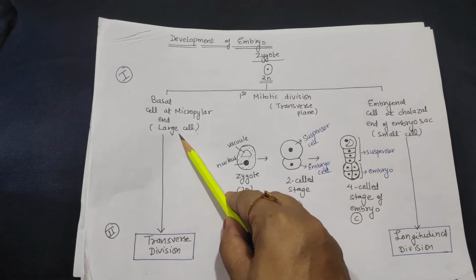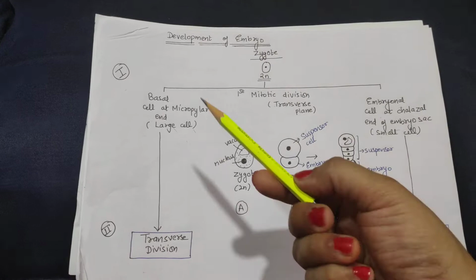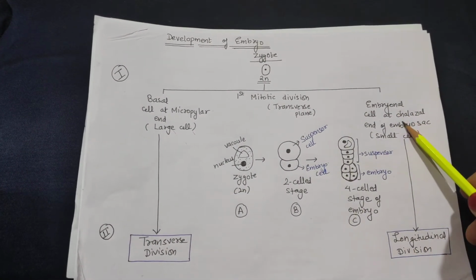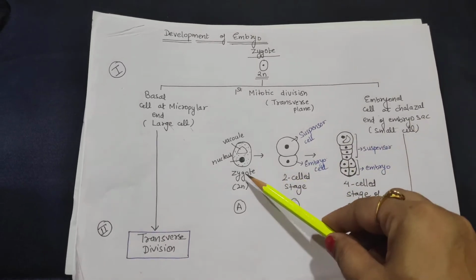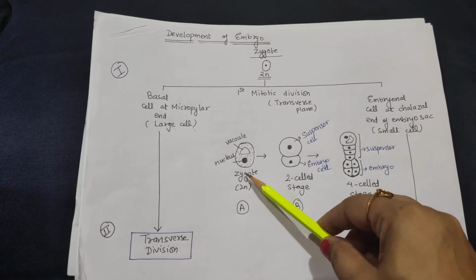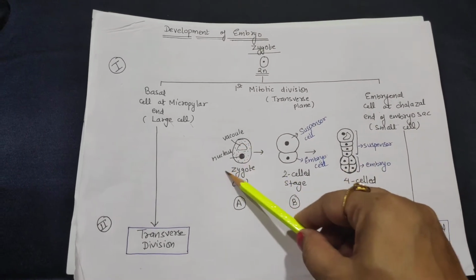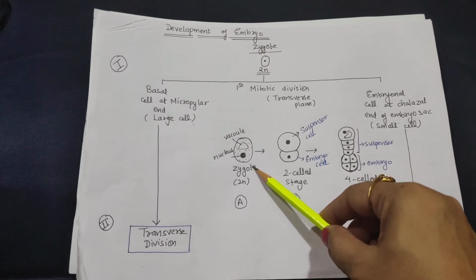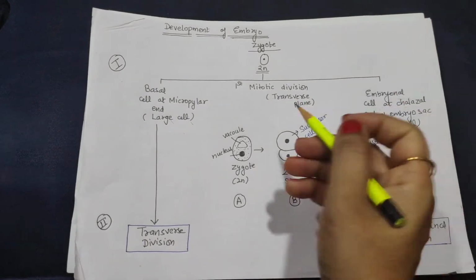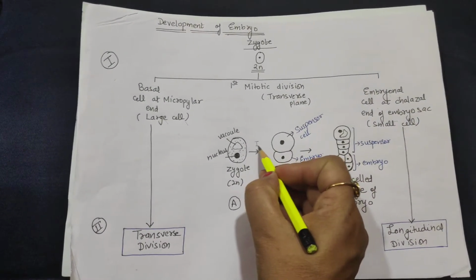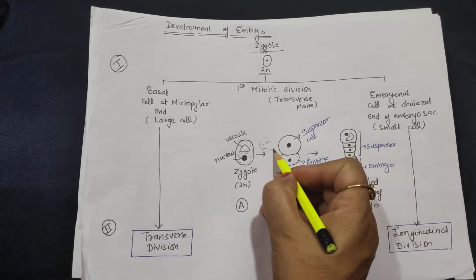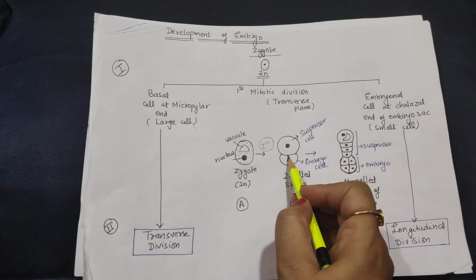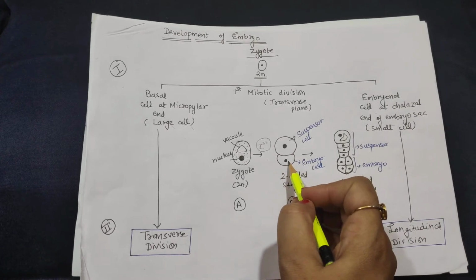Basal cell is a large cell at the micropylar end, and the embryonal cell at the chalazal end is a small cell. As you can see in the diagram, this is our zygote, which is a diploid cell. First this zygote undergoes mitotic division, the first mitotic division, followed in a transverse plane, due to which we get two cells.